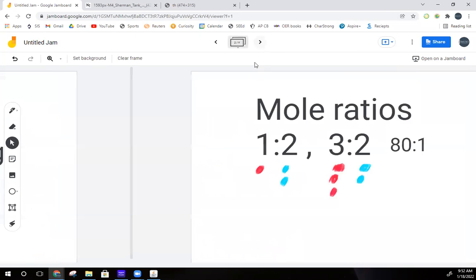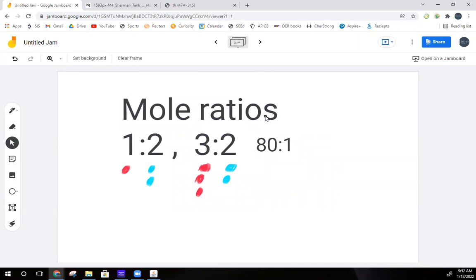Now, when we talk about mole ratios in chemistry, we'd be looking at something like this, 1 to 2. So for every 1 mole of the red, we'd be doing 2 moles of the blue. 3 moles of red, 2 moles of blue. Don't let that freak you out. I like to think of them as strawberries and blueberries.